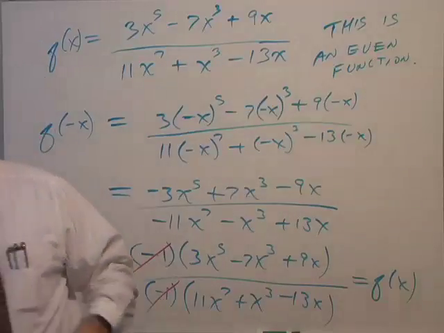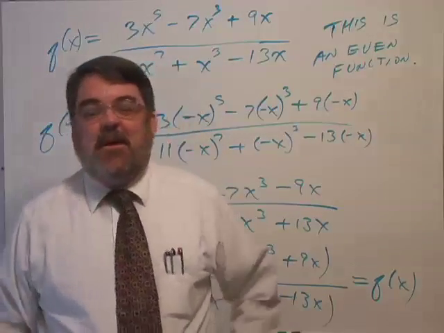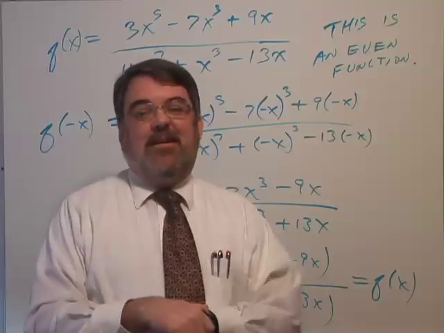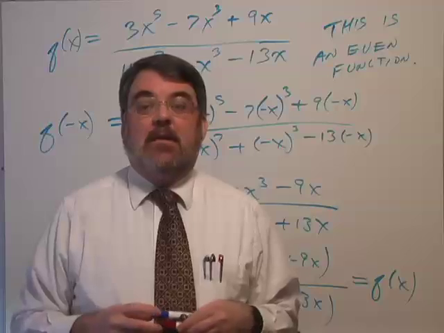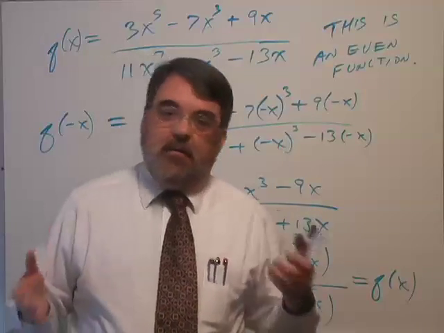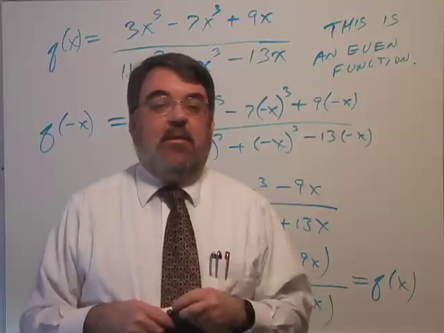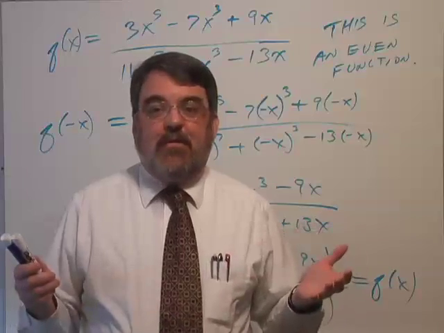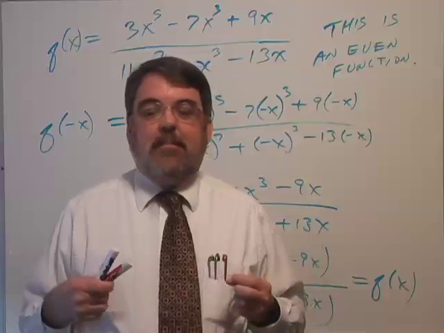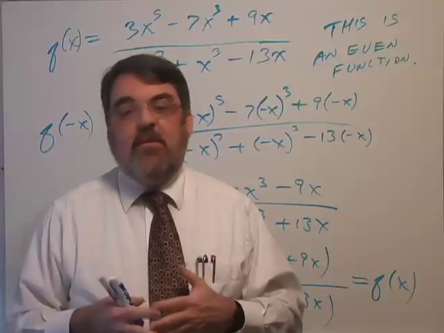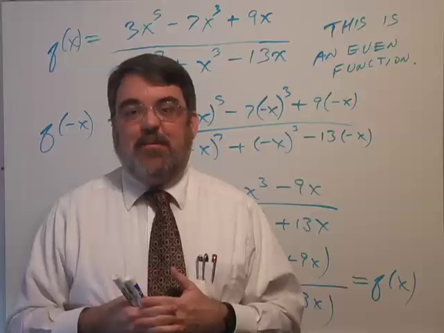A little tricky example there. I'm going to erase the board and then let's talk about odd functions. And when we're done with that, we'll look at examples of functions that are neither even nor odd. Because actually, when you think about it, most functions don't satisfy either of those symmetry properties that apply to even and odd functions. So it really is a special case.